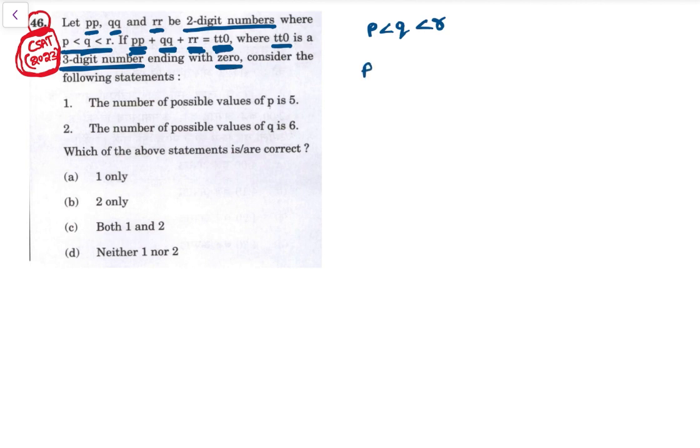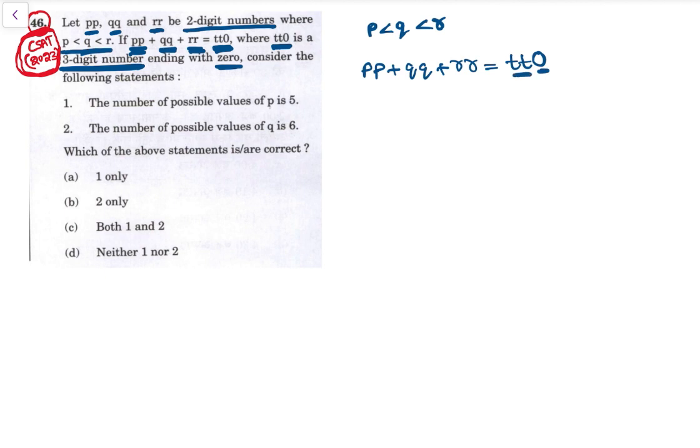So this is the 0, and this is TT, and it is a 3-digit number.